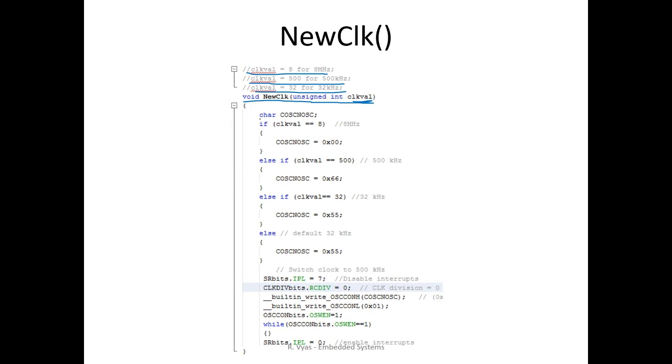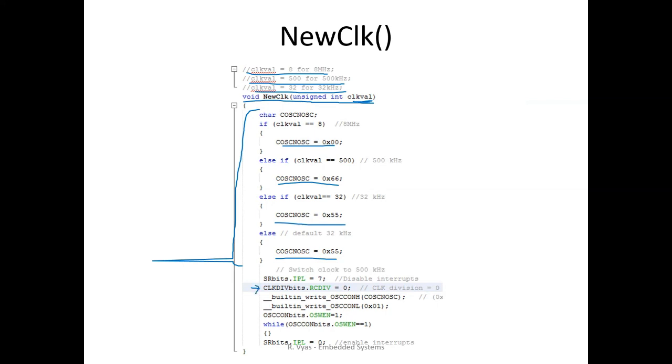All it is doing is using a bunch of if-else conditions to check what the value is, and accordingly writing these values into user variables called COSC and NOSC. These lines of code here are where I'm scaling it further.